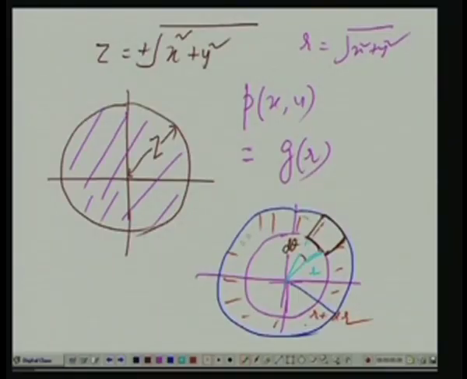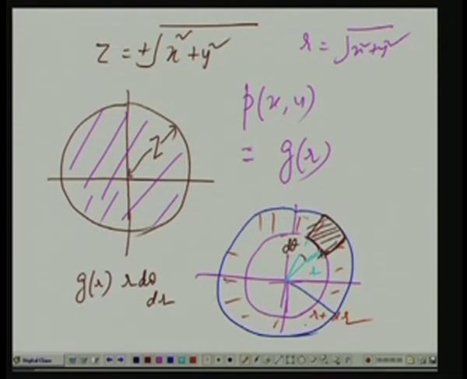Okay. So, what is the total area of this strip? Here r is fixed, but theta goes from 0 to 2 pi. Here the probability of x y falling within this zone will be G r times the area. What is that area? R d theta dr. But I am interested not in just the infinitesimally small area, but in the entire strip.